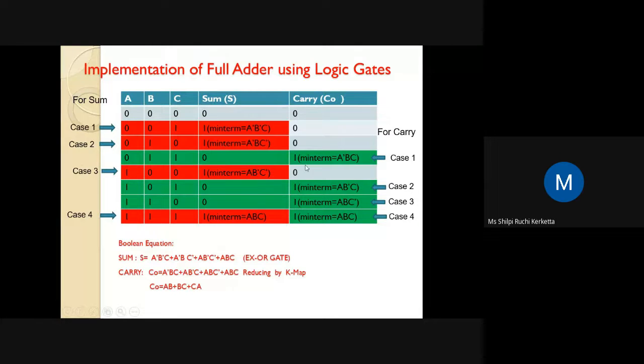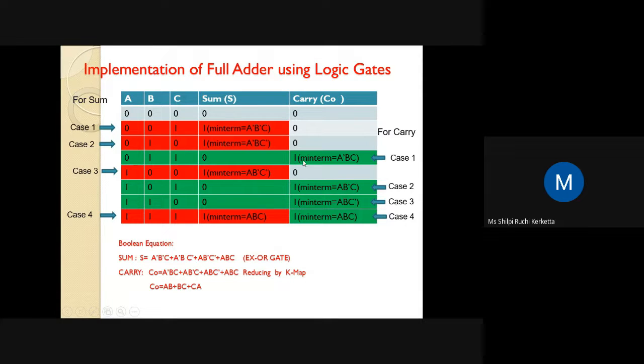So how will we simplify this carry gate? Wherever we are getting a 1, we will take all the inputs for this. We will call it a min term. So here we are getting a 1, here a 1, here a 1, and here a 1. We will use sum of products. First, wherever we are getting a 1, we will take the product of all the inputs. For the first, the input is 0, 1, 1.